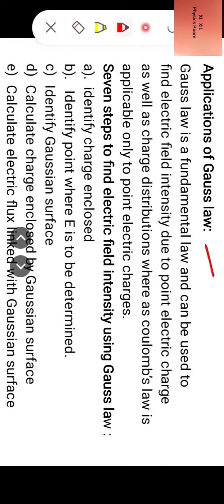Gauss law is a fundamental law and can be used to find electric field intensity due to a point electric charge as well as due to charge distributions, whereas Coulomb's law is applicable only to point electric charges.